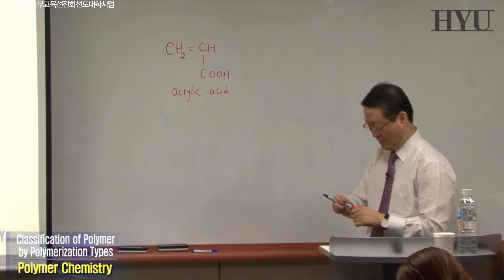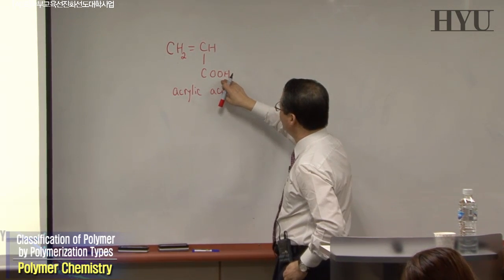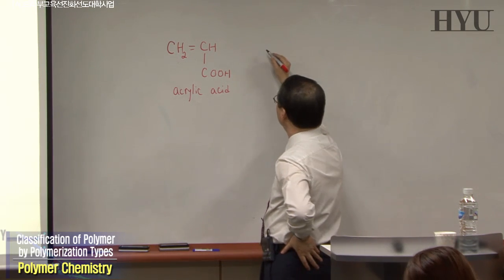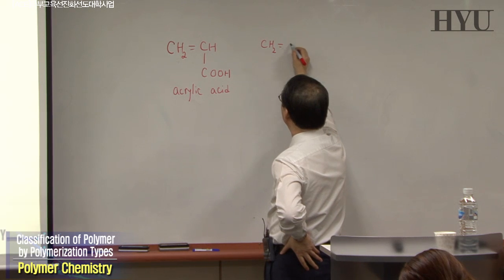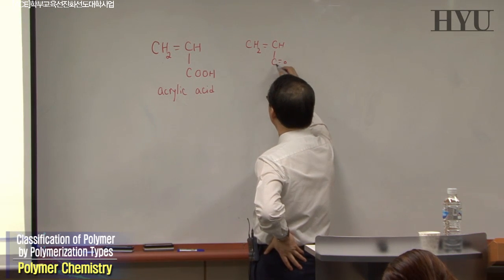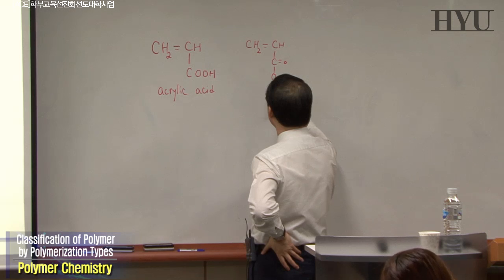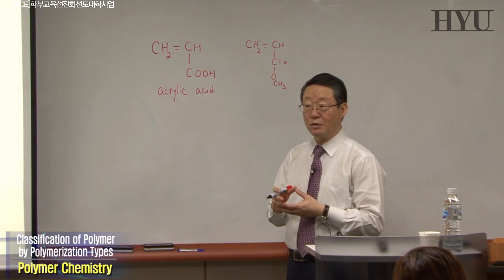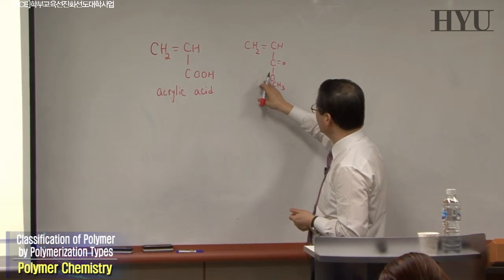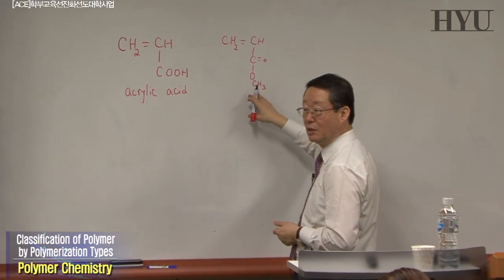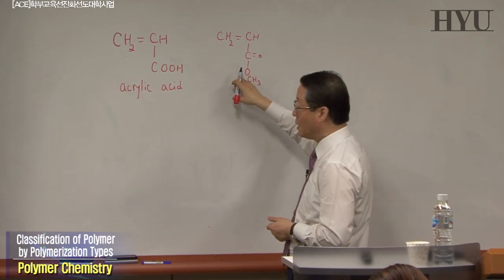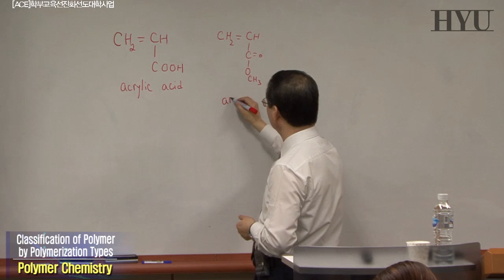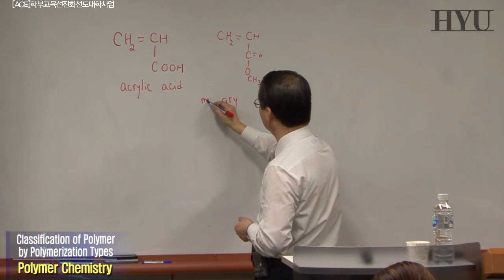When your carboxylic acid is esterified, in other words, if the acrylic acid reacts with something such as methanol, then this is replaced with the methoxy or methyl group in acrylic acid. We call this acrylate, methacrylate, excuse me.